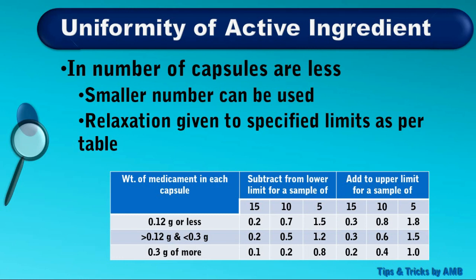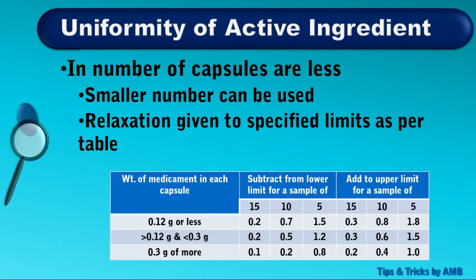This relaxation is applied when the stated limits are between 90 to 110% only. If the stated limits are less than 90% or more than 110%, proportionally larger relaxation is allowed. So that table is for upper limit 110 and lower limit 90.